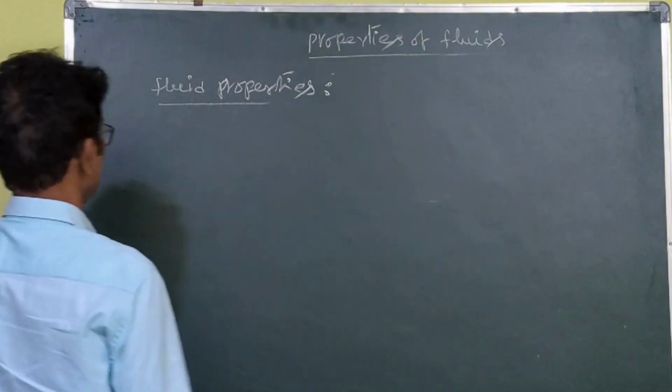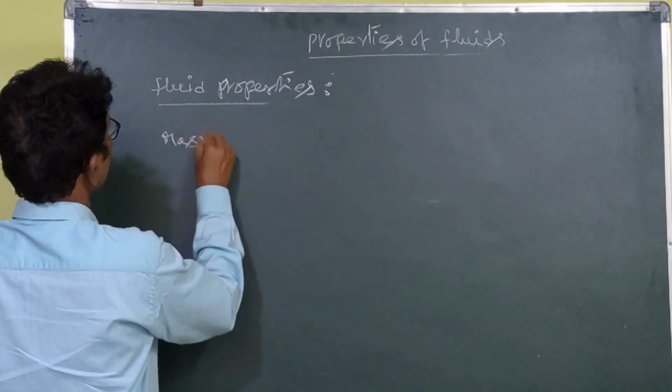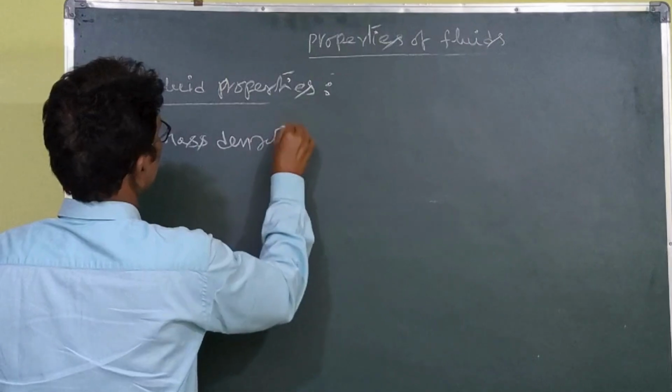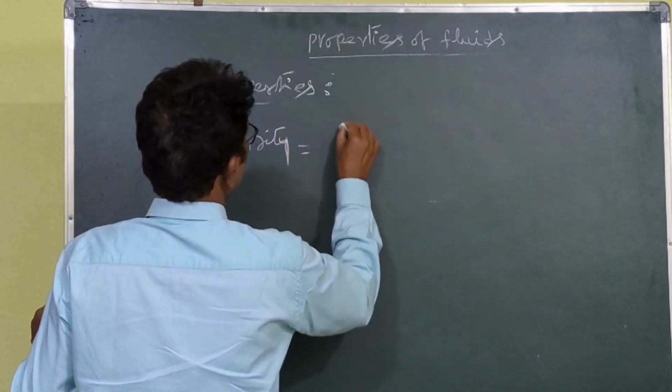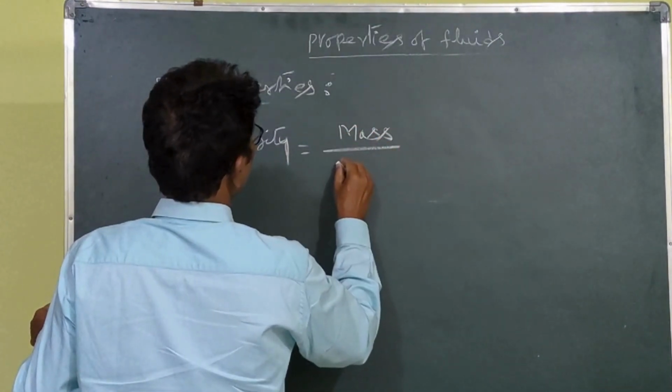Next, coming to the next property, mass density of fluid, equal to the definition of mass divided by unit volume.